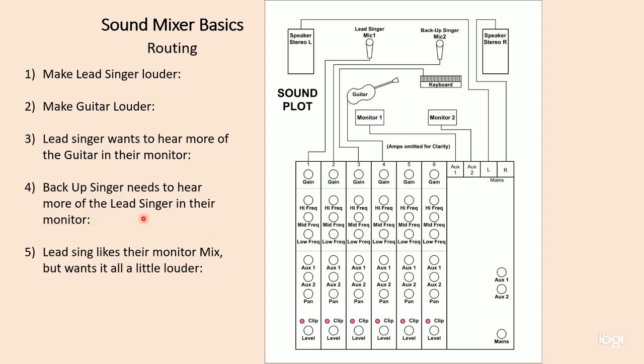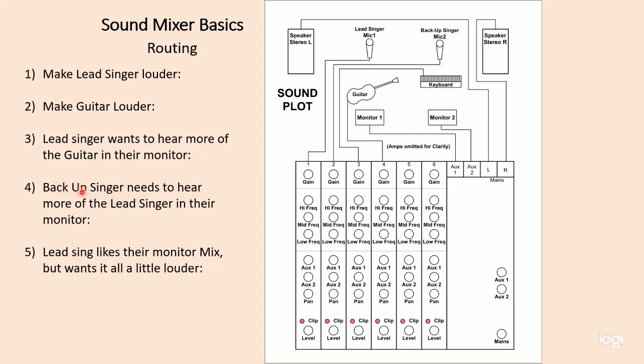Now, what if the backup singer needs to hear more of the lead singer in their monitor? So let's start with where we're at. The backup singer needs to hear more of the lead singer. So here's our backup singer, and our backup singer and keyboard player is listening to monitor 2. So what I want to do is be able to turn up the lead singer in monitor 2, right?